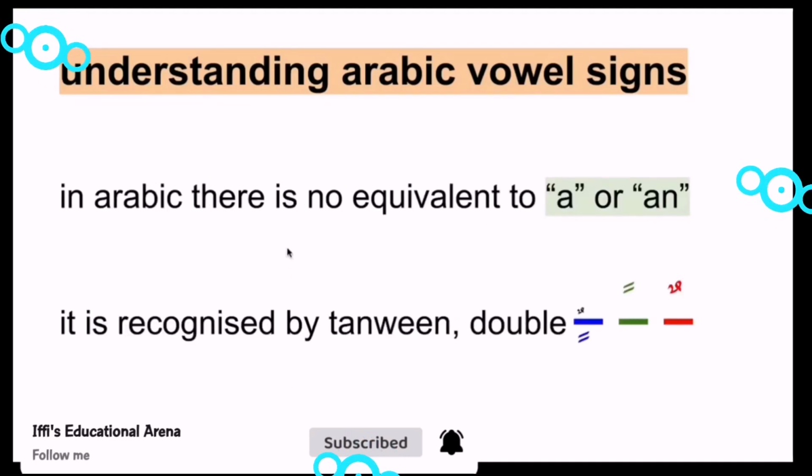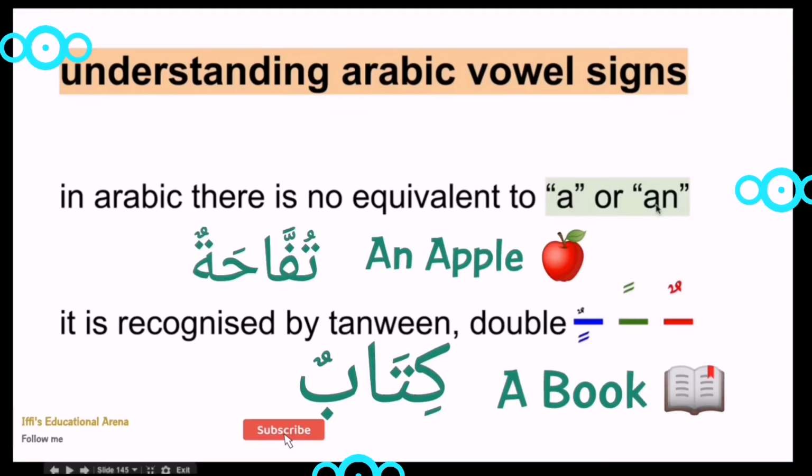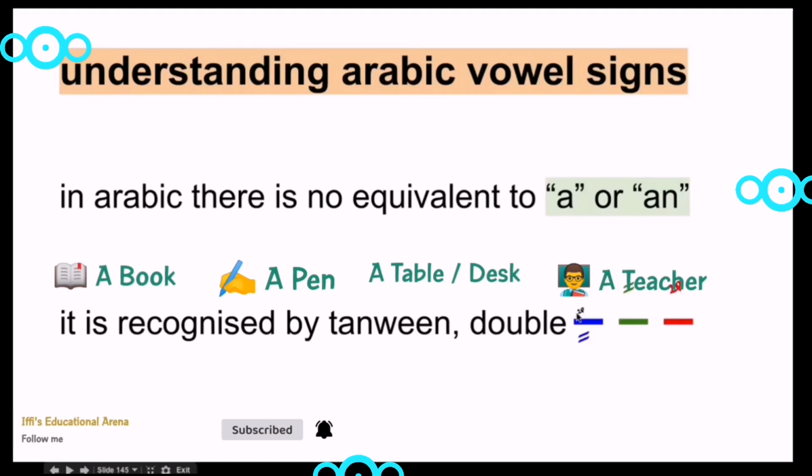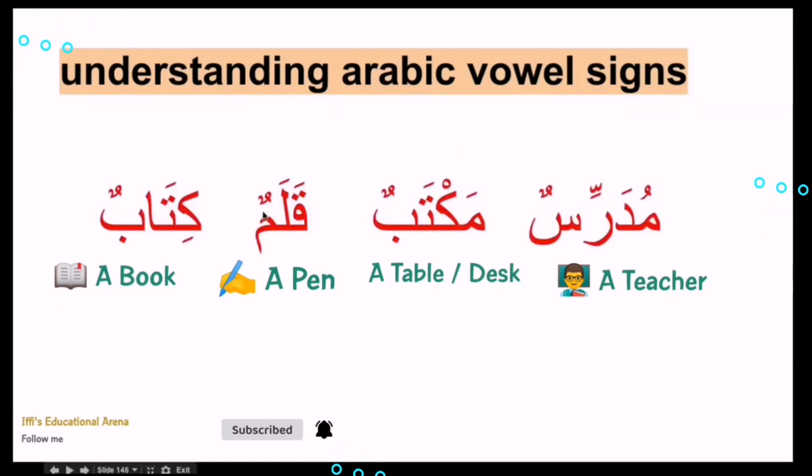However, in Arabic there is no equivalent to a or an. So for example, if you want to say book, we say kitabun. If you want to say a book, it is still kitabun. So a sign of double Dhamma or double Fatha or double Kasra is a sign of indefinite. Let's see an example.